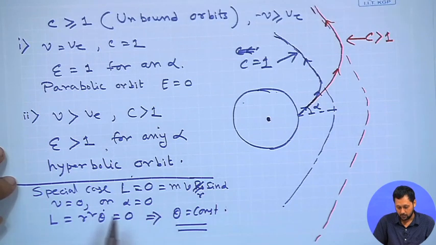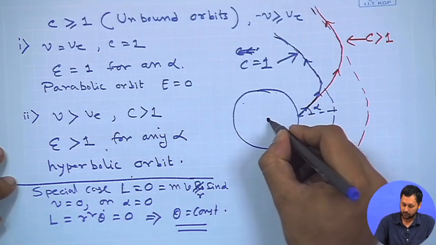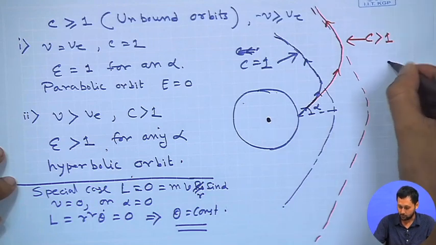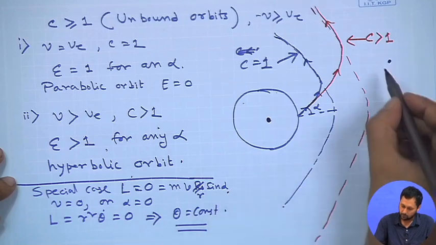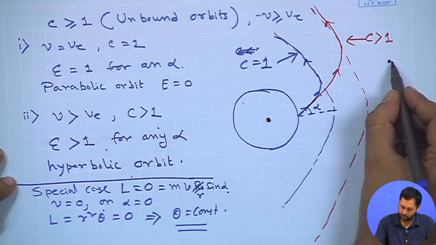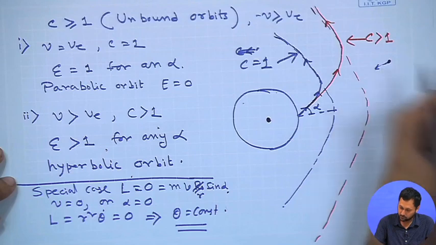One particular case could be, let us say if this is our earth and we drop an object from outer space with 0 initial velocity. That means this particular condition v equal to 0 is satisfied, so L will be equal to 0. If we just release it from outer space, it will be attracted towards the force center.